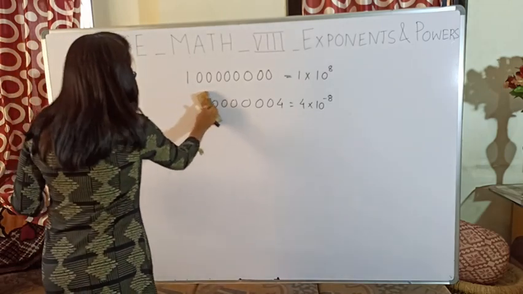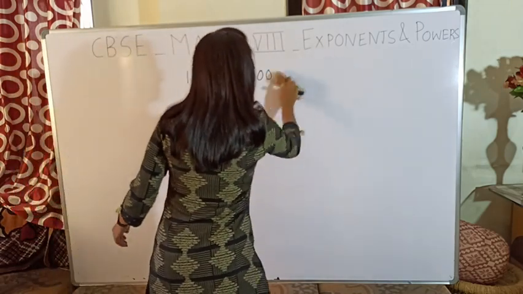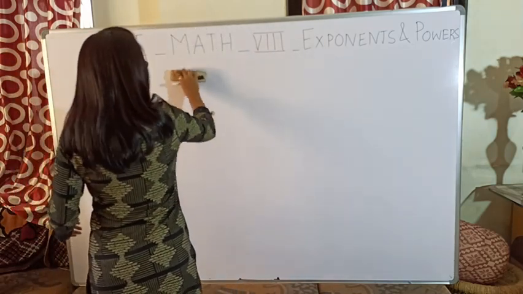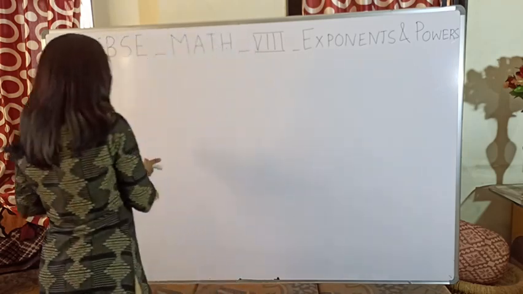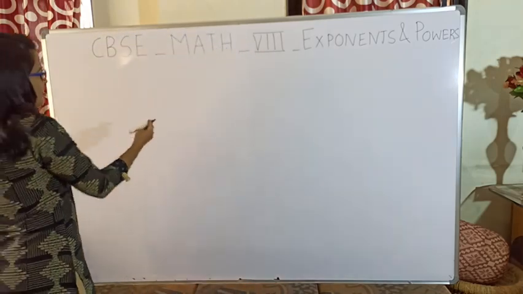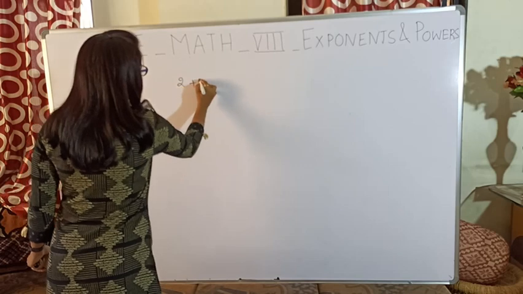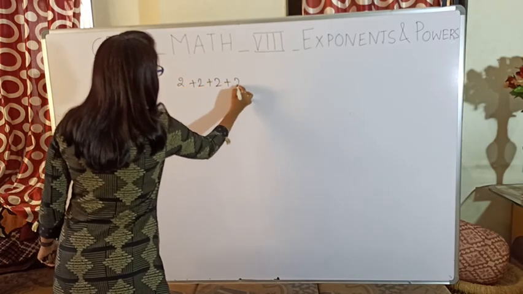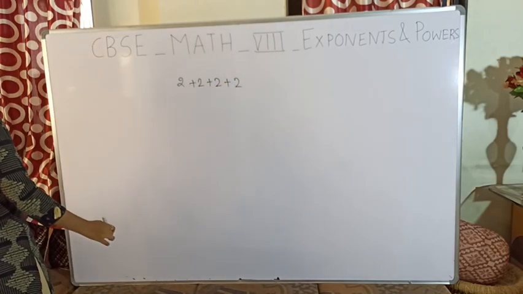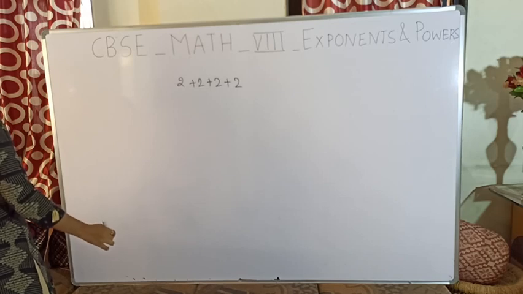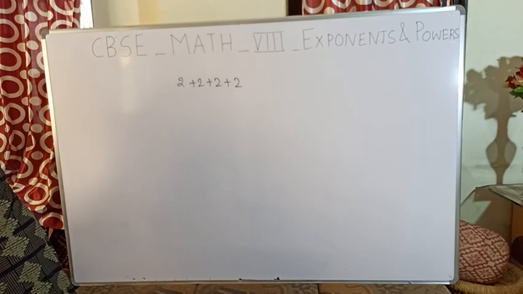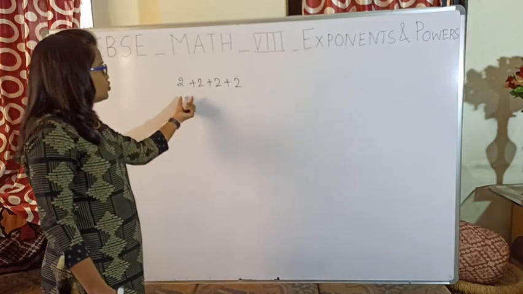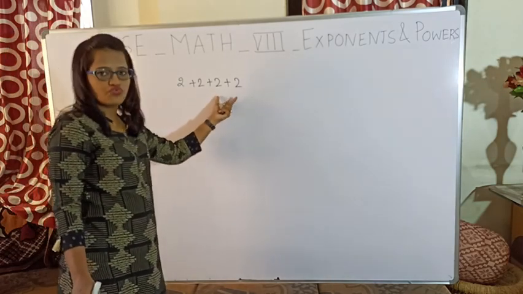Suppose I have to add 2, 4 times. How do I write it? Yes, 2 plus 2 plus 2 plus 2, 4 times.